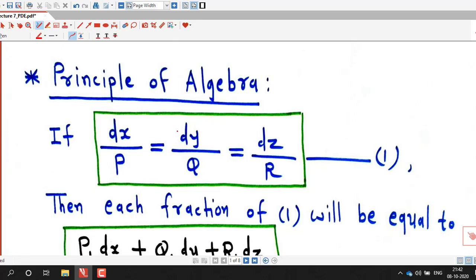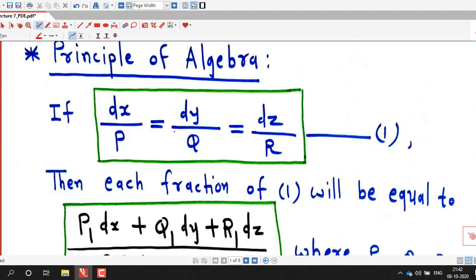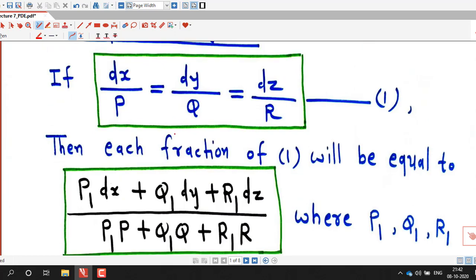Similarly, suppose we multiply the second fraction by multiplier q1 and the third fraction by r1, and if we take their linear combination, then we will have this new fraction: p1 into dx plus q1 into dy plus r1 into dz divided by p1 into p plus q1 into q plus r1 into r. So using these three multipliers p1, q1, r1, we have generated a new fraction.